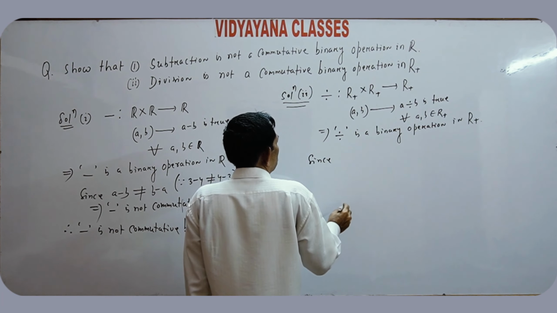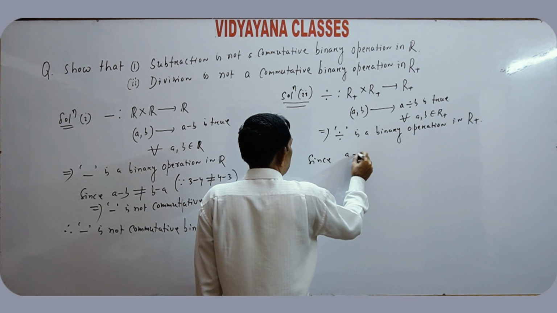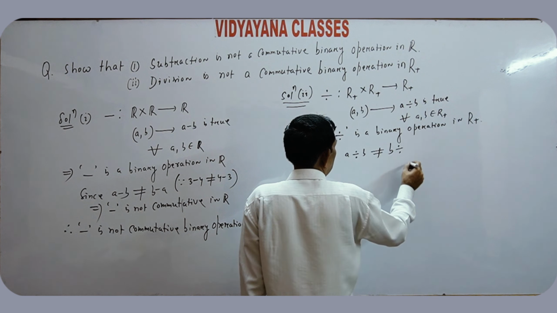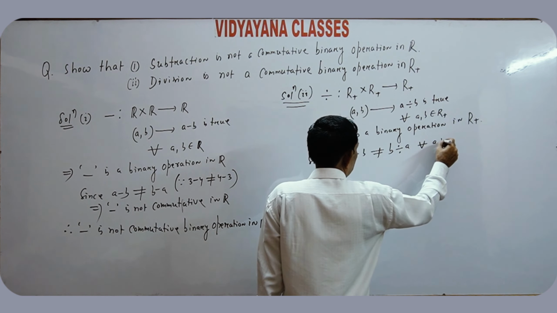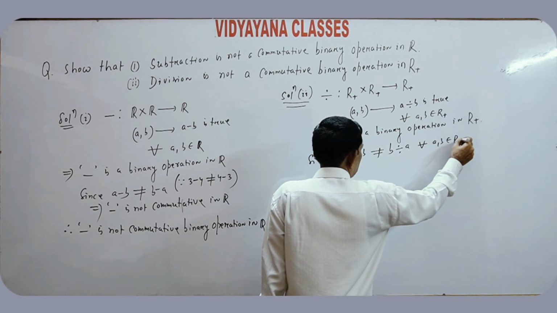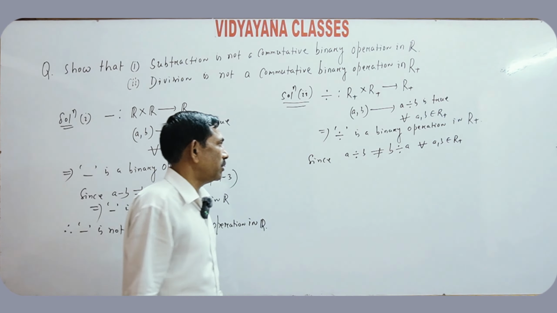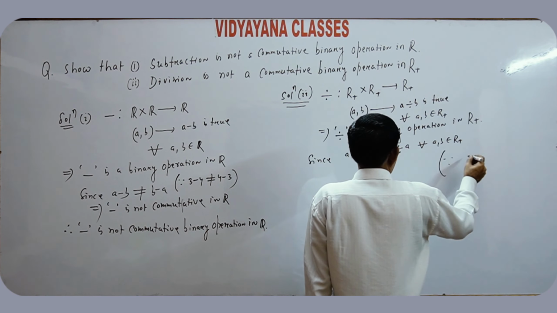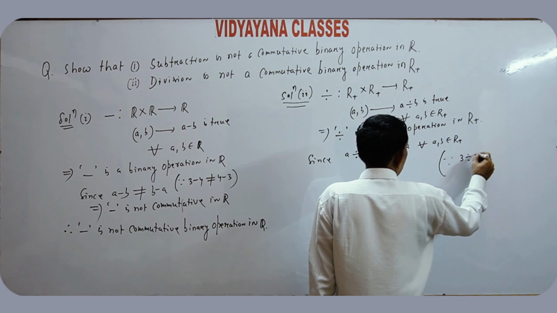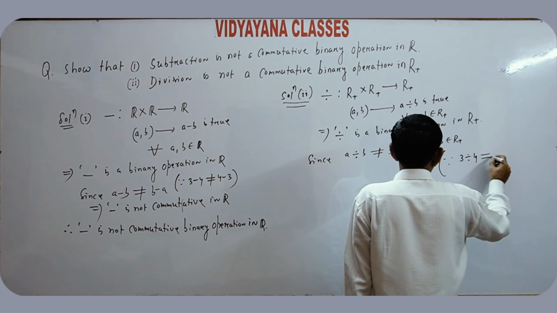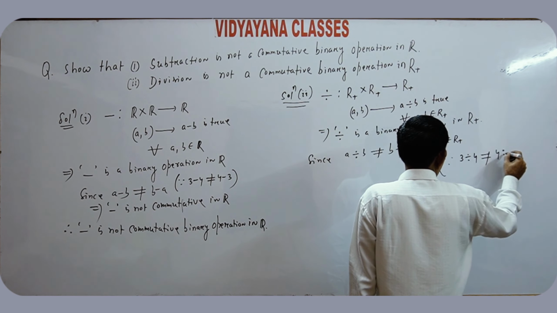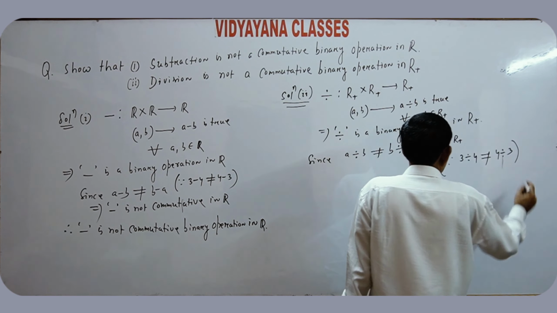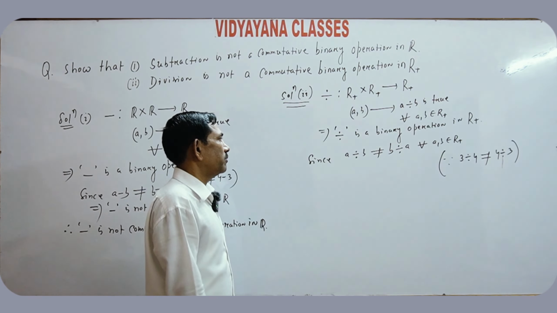Since a divided by b is not equal to b divided by a for all a, b belonging to R plus, the set of positive real numbers. For example, 3 divided by 4 is not equal to 4 divided by 3.